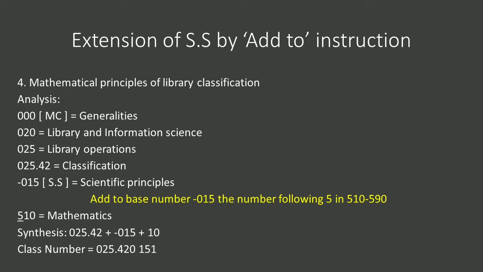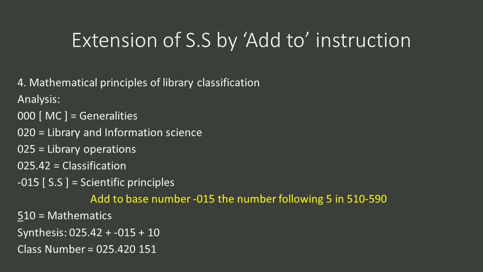We know library and information science is under the main class of generalities, and the notation of generalities is 000. That's why I have written 000 generalities, 020 for library and information science, and under library and information science 025 for library operations.